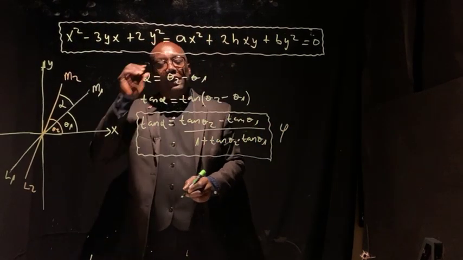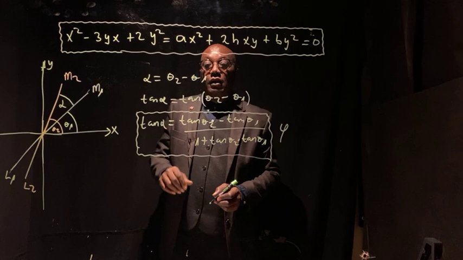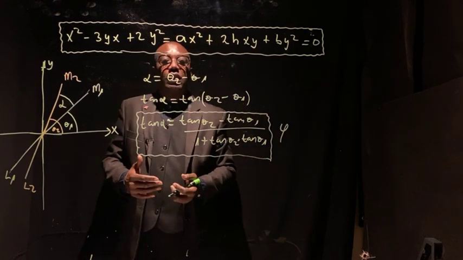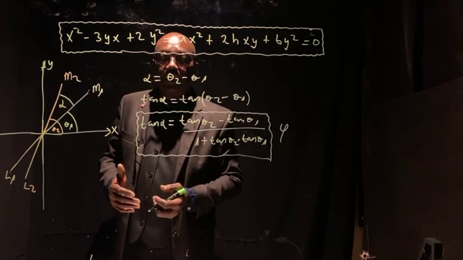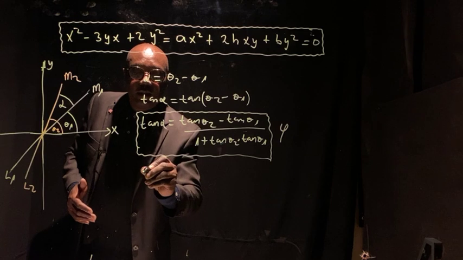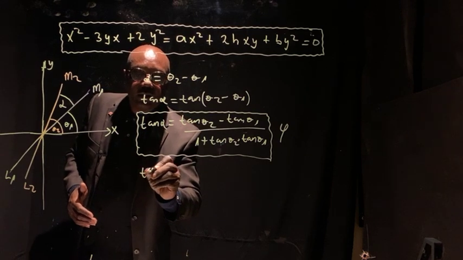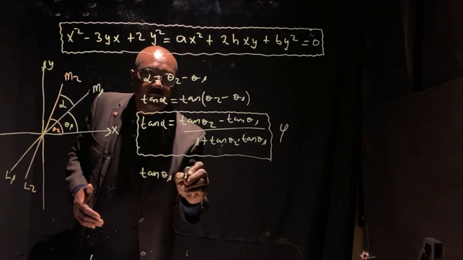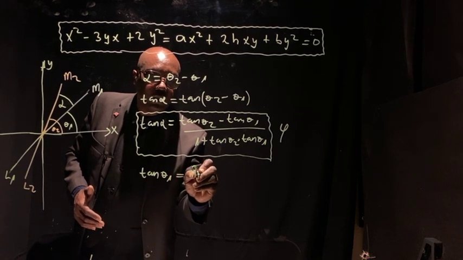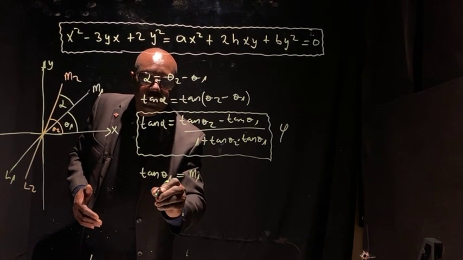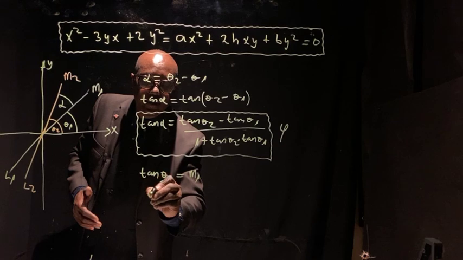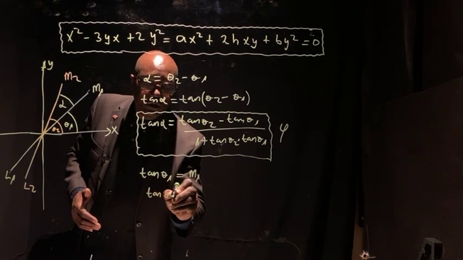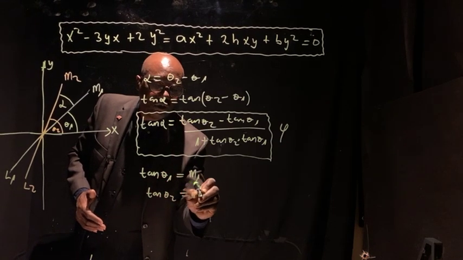But remember, tangent is also a gradient, which indicates that tan theta 1 is the same as m1, and tan theta 2 is the same as m2.